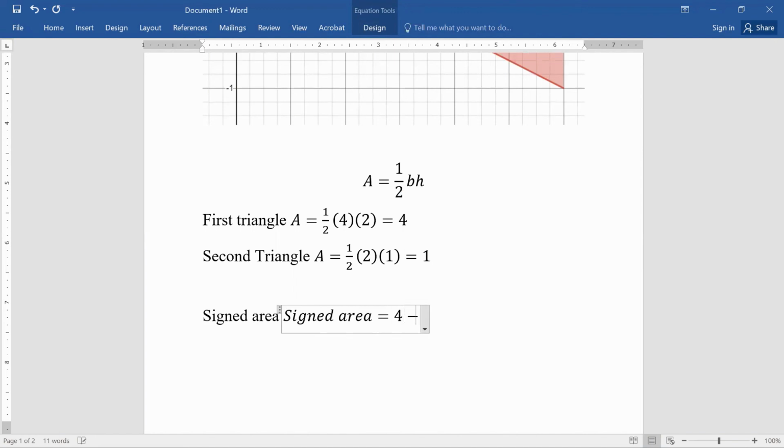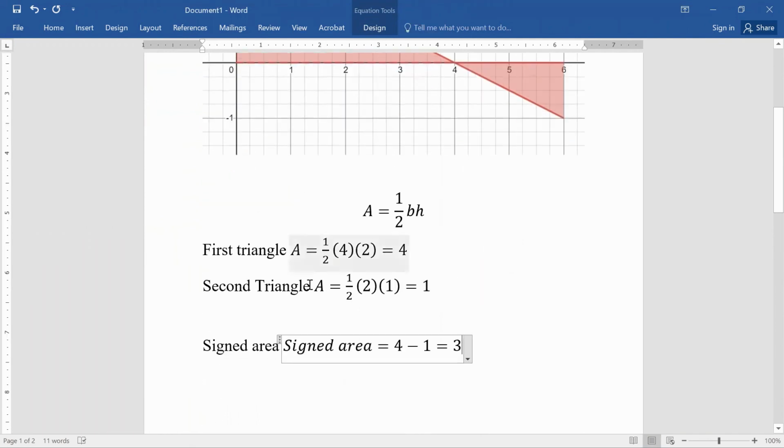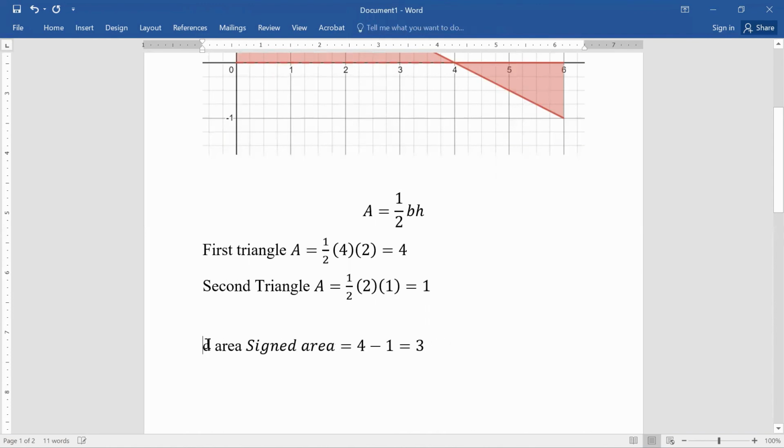So the signed area would be 3. This one counts as positive. This one counts as negative. Signed area in our case is equal to 3. Again, this is total signed area. And that's how the signed area works.